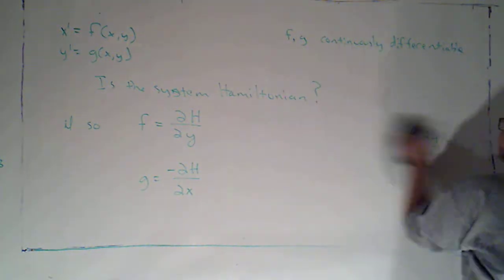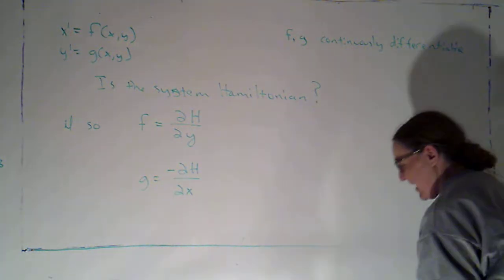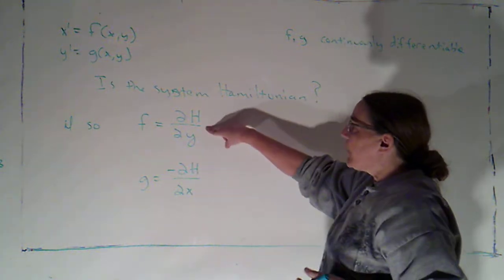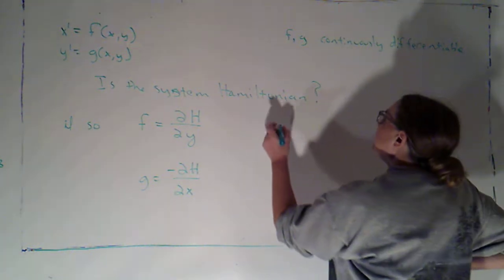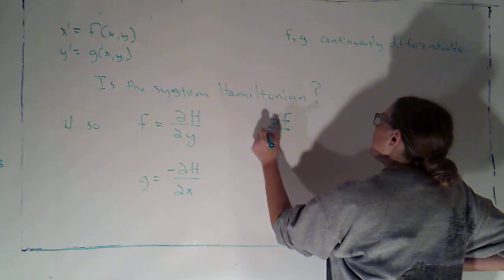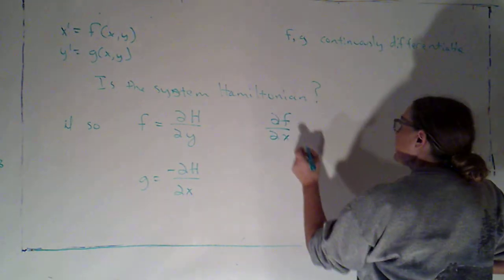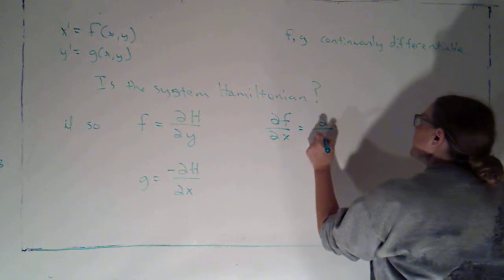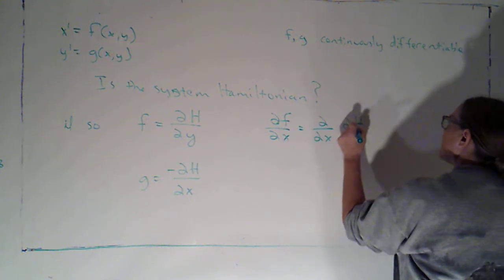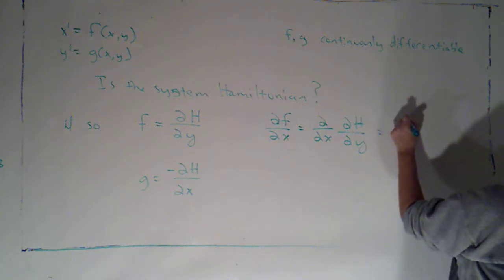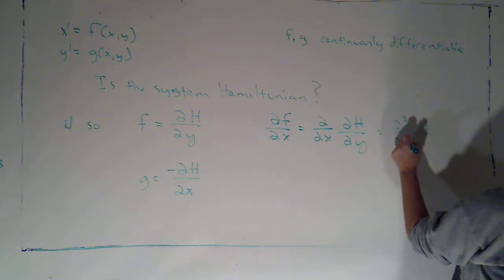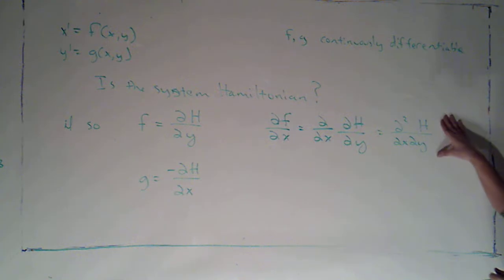Now I can use the fact that this is already a first partial of h with respect to y. If I were to take the partial of f with respect to x, that would be the partial with respect to x of the partial of h with respect to y. That's del squared h by del x del y. That's one of the two mixed second partials of h.